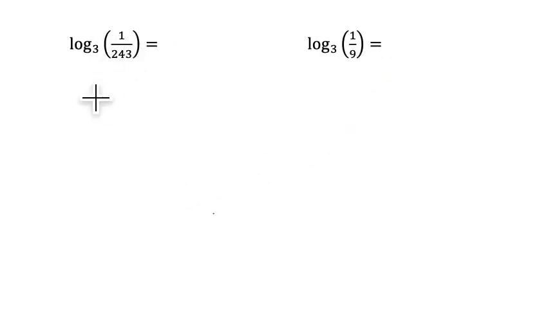Okay, here we have some fractions. So we have 3 to some power equals 1 over 243. So this one, we're going to need to use a negative exponent, because negative exponents have everything to do with fractions, not negative numbers. So first, let's just focus on 3 to what power equals 243. And then we'll talk about how to make it a fraction.